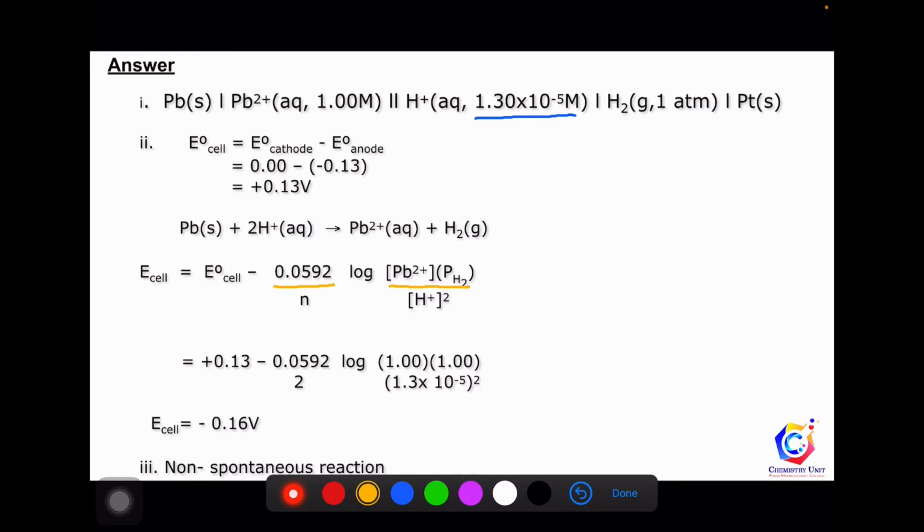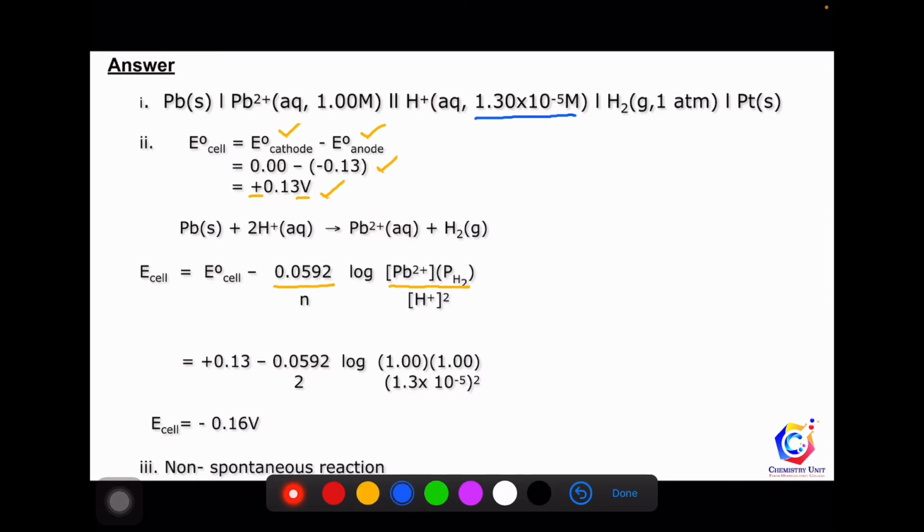E naught cell is calculated based on the reduction potentials given. Use the formula E cathode minus E anode. Insert corresponding values and make sure to write your answer with the correct symbol and unit.